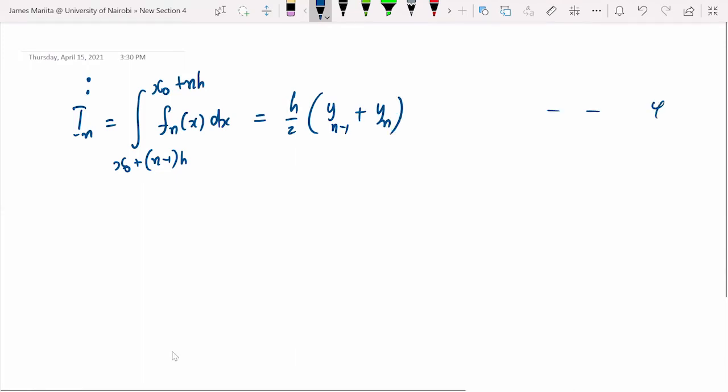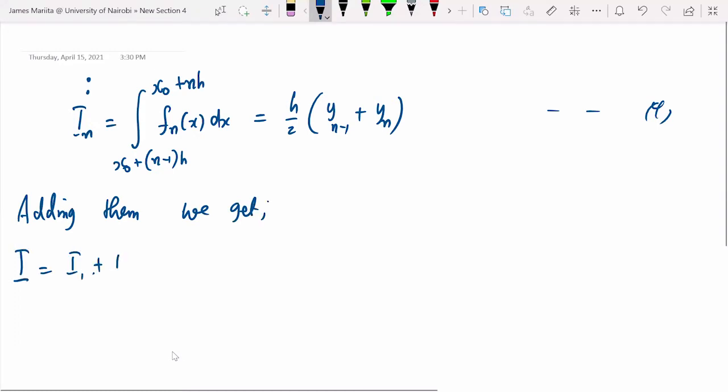So the whole of that, we can have it as equation 4. So adding them, we get I, which is I1 plus I2, and so on.